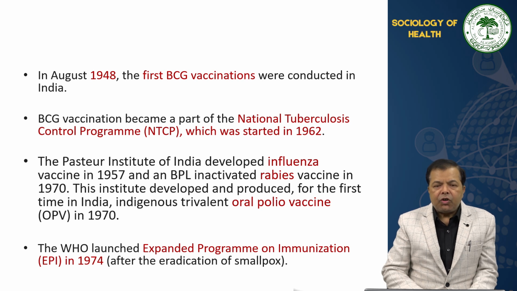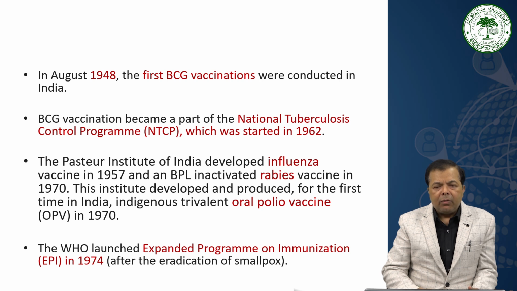The Pasteur Institute of India developed the influenza vaccine in 1957. And so we can see that there are so many vaccines getting developed in India. Influenza, a very important respiratory problem, was also responsible for so many mortalities globally.